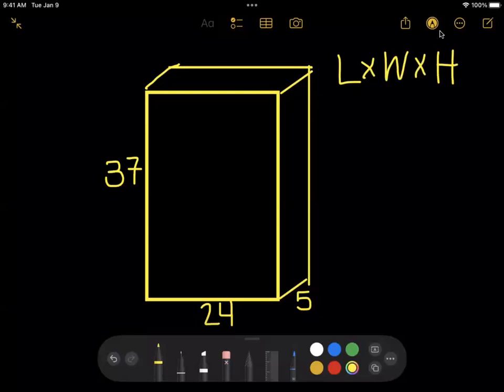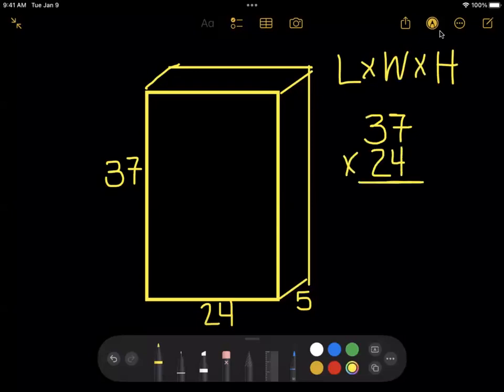So let's start by doing 24 times 5 times 5. Or if you wanted to, you could do the tougher one first, the 37 times 24 first, get that big number, and then multiply it by 5. I think that's what I'll do. Let's do 37 times 24.